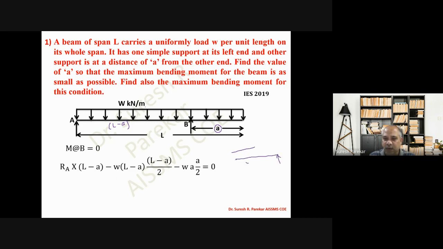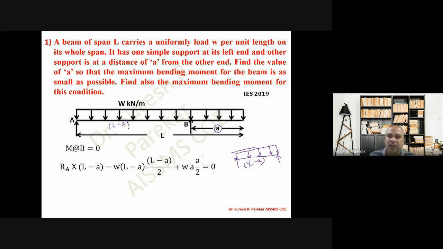We have considered only this portion first, which is L minus A, and therefore we get L minus A into L minus A by 2. The bending moment due to this reaction is clockwise, due to this it is anticlockwise, and due to this it is clockwise again.